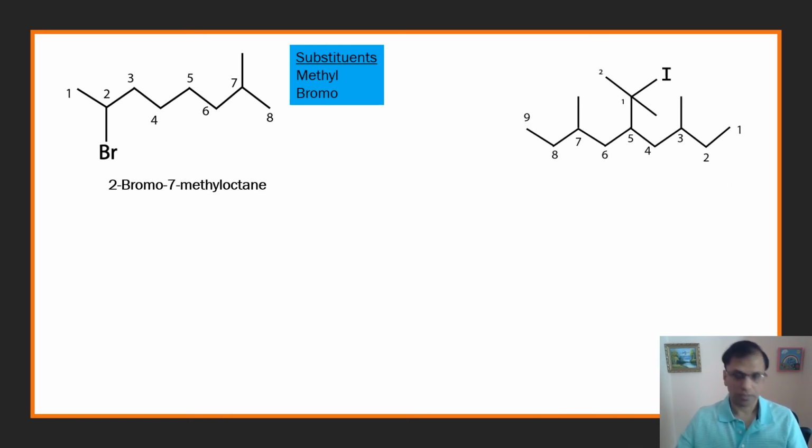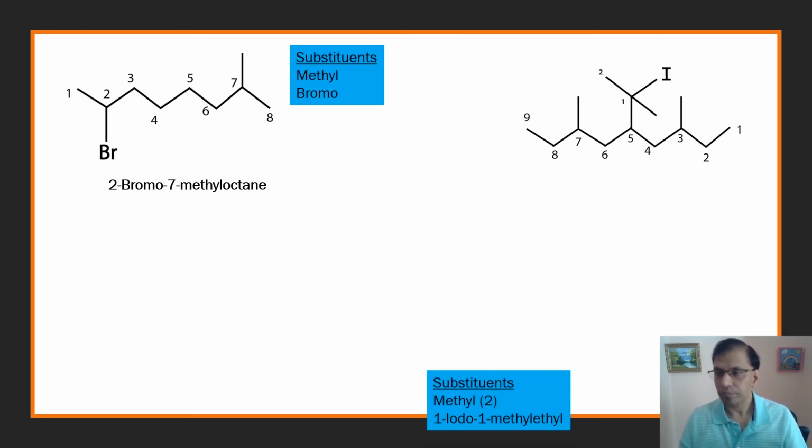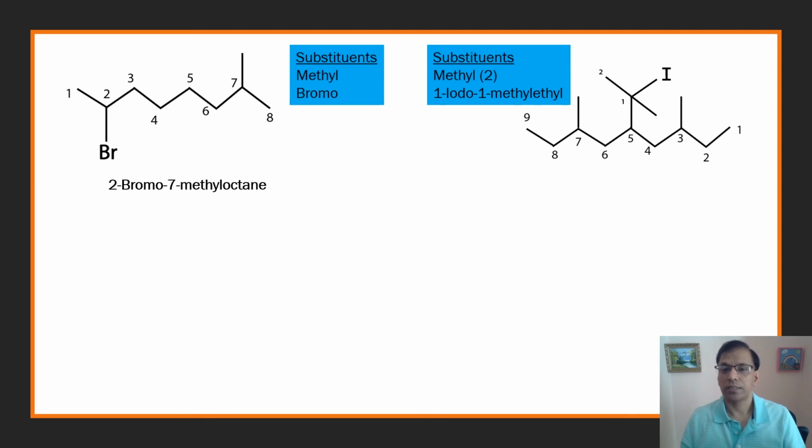Let's consider this example. Here the numbering starts from this end, 1, 2, 3. Why does it do this way? Why not from here? Let's see, 1, 2, 3, and then 4, 5. So in this particular case, you can number from either way, and it's correct. And there are 3 substituents. One is this methyl group, and then this one, and then you have this branched substituent.